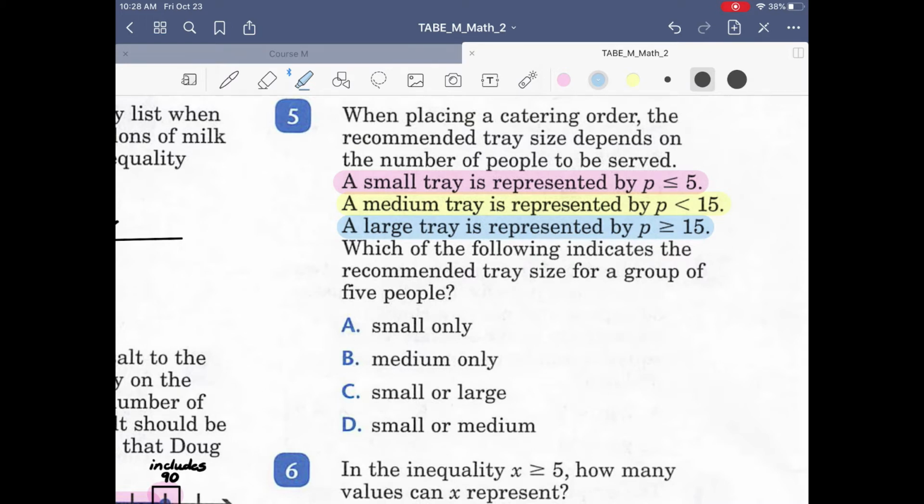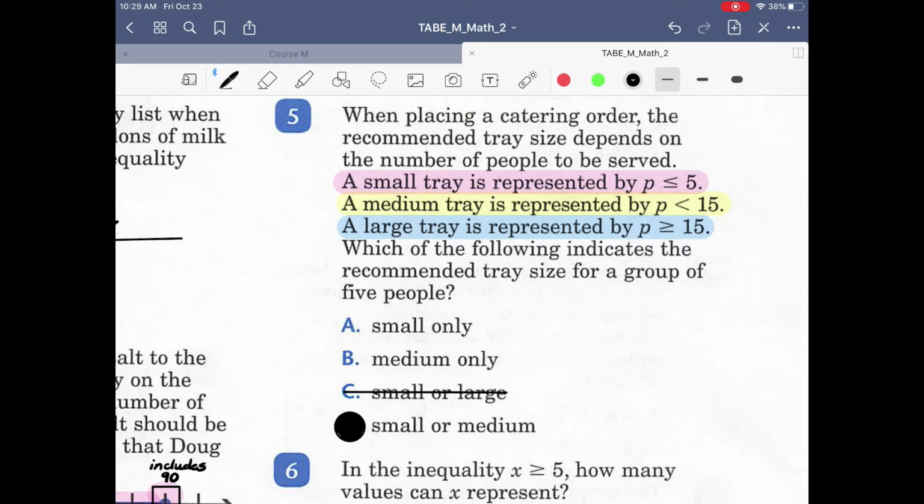Well, we wouldn't want a large tray, but that is one of the options. So I don't need a large. That would be 15 or more. Small covers 5 people or fewer, and medium covers fewer than 15. So either of these would be appropriate for 5 people.